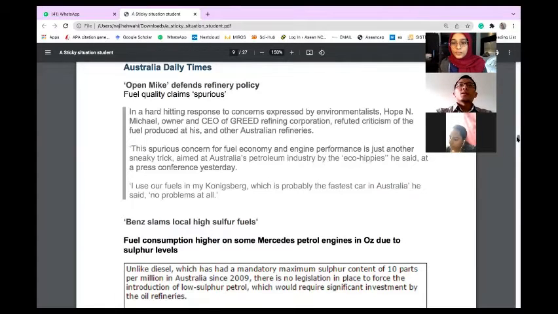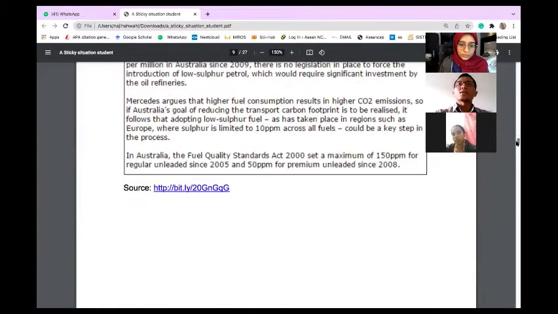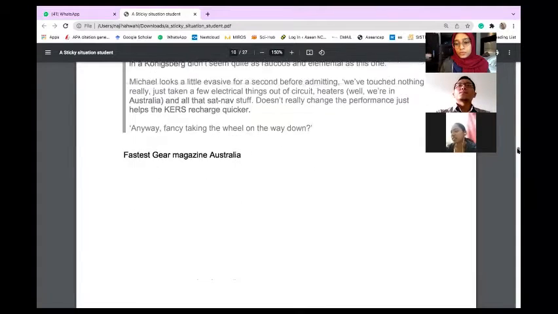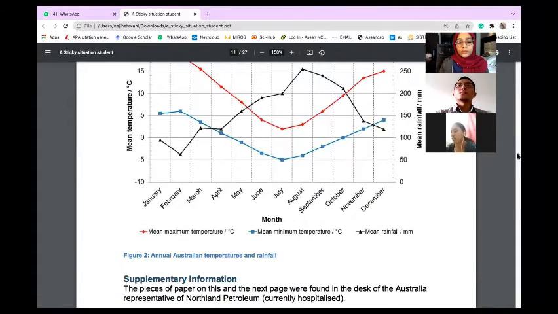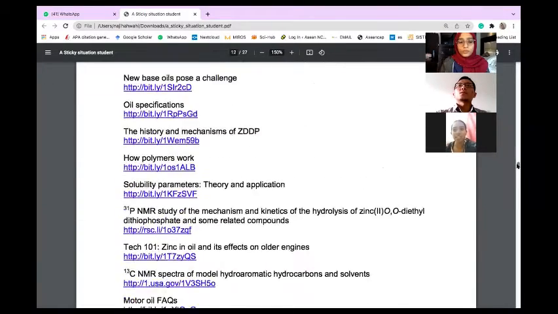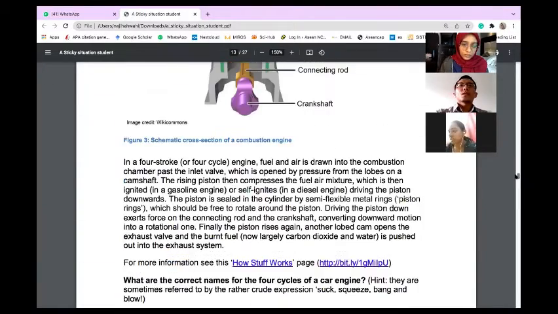Another factor that could be checked is the sulfur content, because they specifically specified that Michael is adamant to have sulfur inside the oil. Sulfur is a kind of additive, because I saw sulfur content under the worksheet additives. Actually it's in the oil, but usually they reduce it to the minimum level.